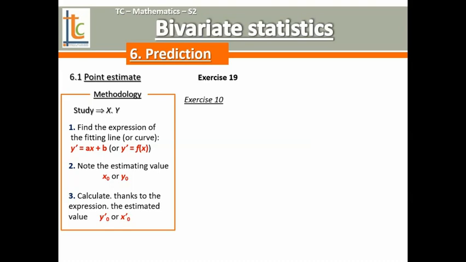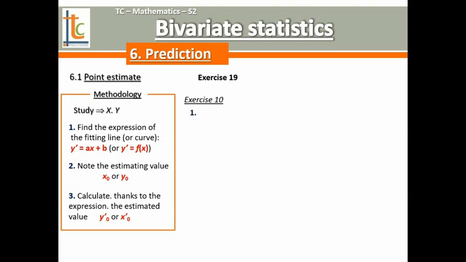This exercise contains 3 questions, taking back 3 different exercises. So, the exercise 10 in the first question was about the expense in advertising of a company through time. So, the first variable, x, was time, and the second one, the evolution of the expense.